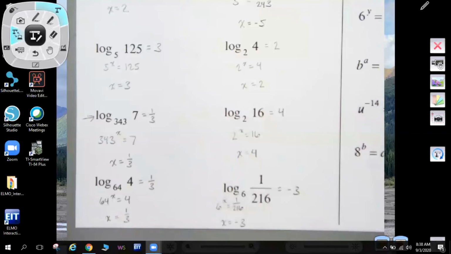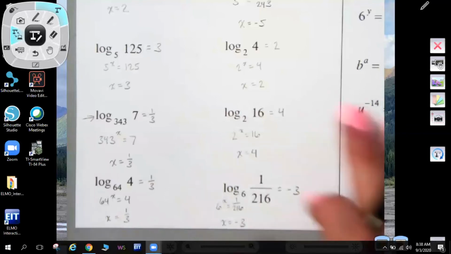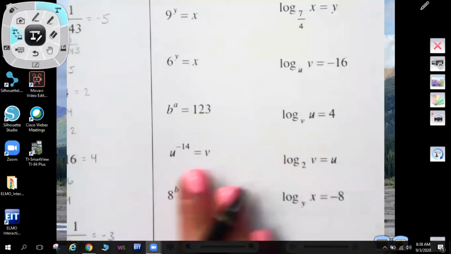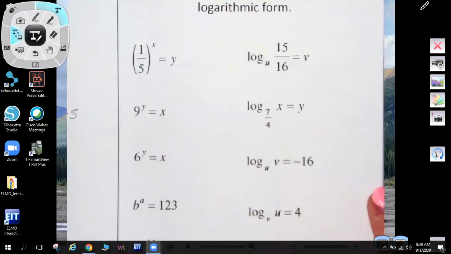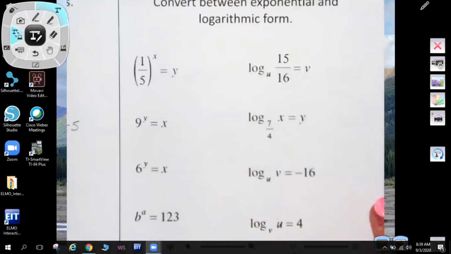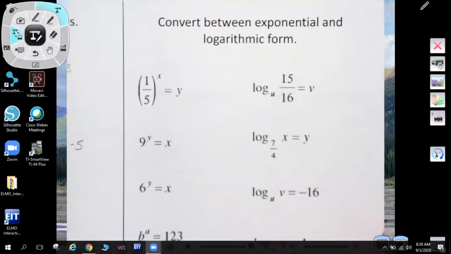All right, let's look at the next section, which is converting between exponential and logarithmic form. And this is just the same thing in a different order, right? Yes, you're switching the order.